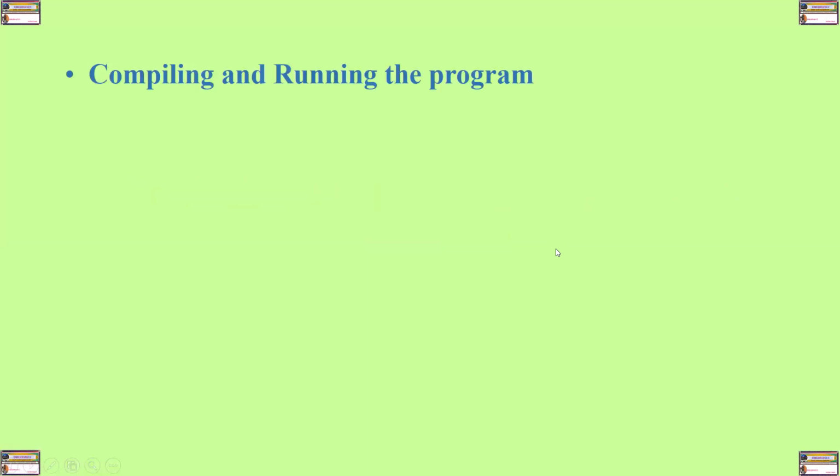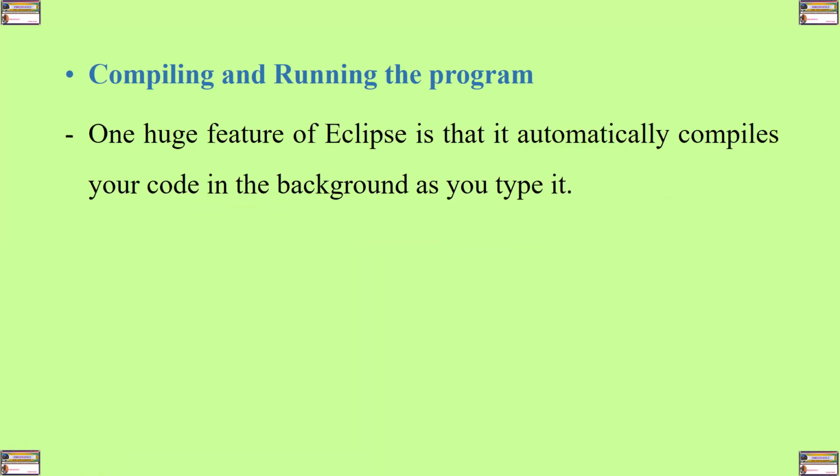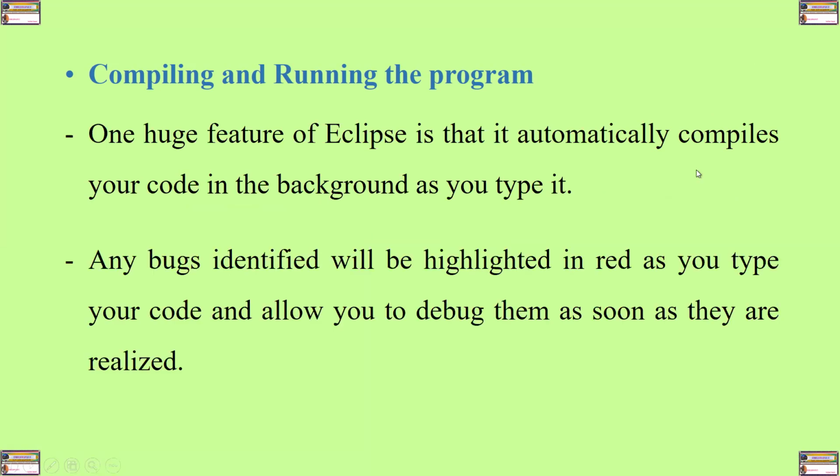Once you have done with the coding and you have saved your file, the next thing you need to do is to compile it and run it. One of the huge features of Eclipse is that it automatically compiles your code in the background as you type it.